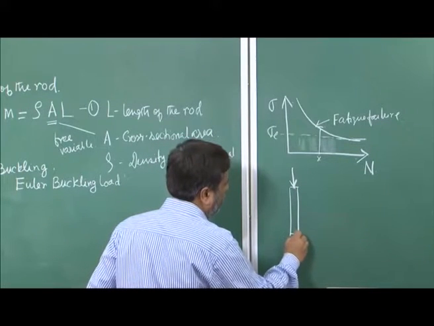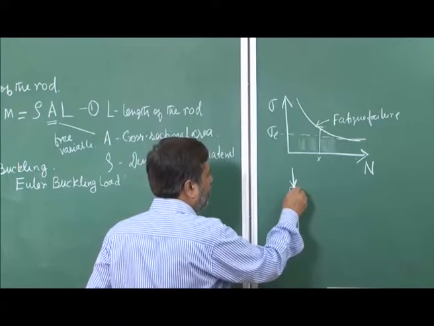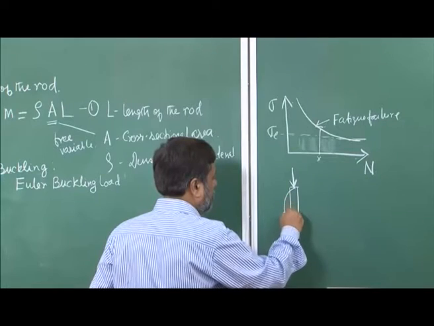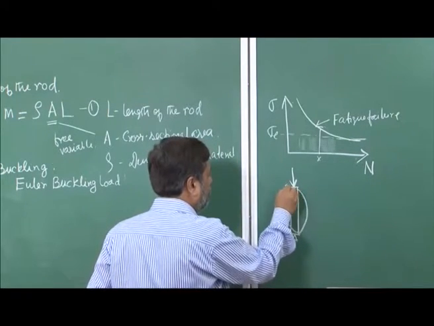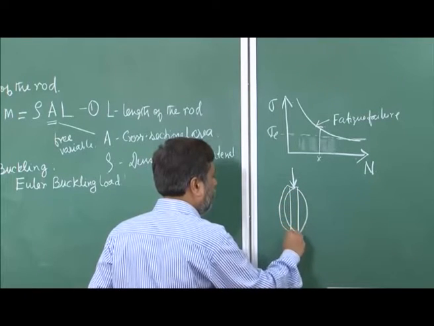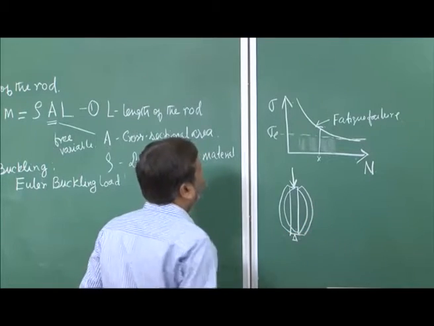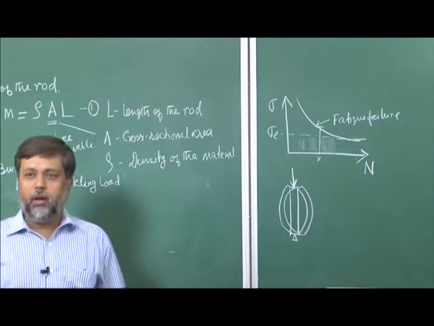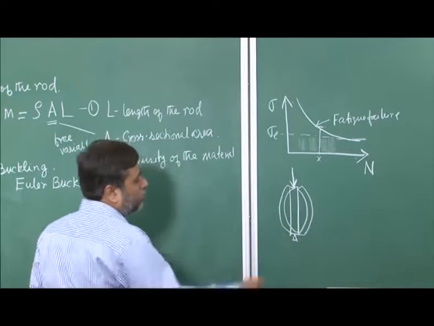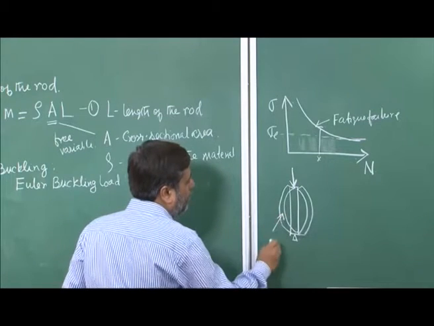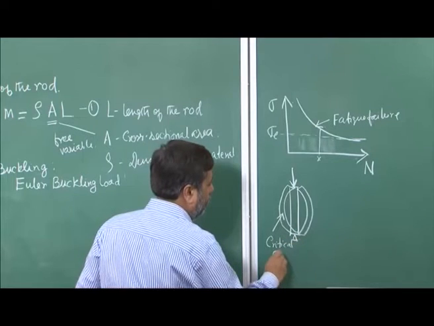Whatever the boundary condition, it could be pinned, and it deflects either this way or this way. That's the first buckling mode. Of course, there can be even higher buckling modes, but as far as our particular application is concerned, the moment this shape is reached, we consider this to be the critical buckling mode for our design.